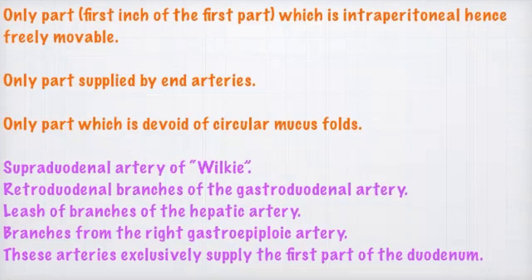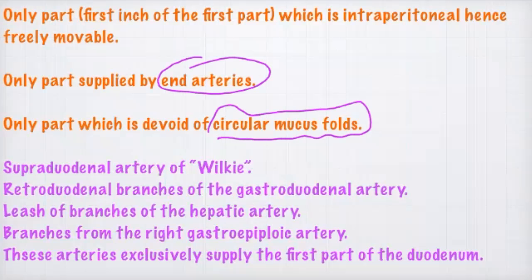The first part of the duodenum is intraperitoneal, hence freely mobile. It is supplied by end arteries. It is the only part which is devoid of circular mucous folds. End arteries means there is no further branching of the artery, right?